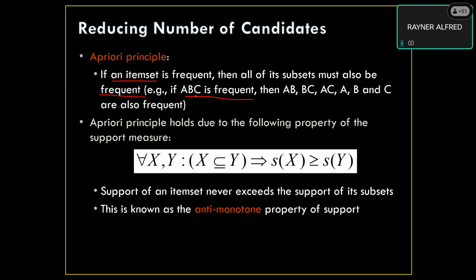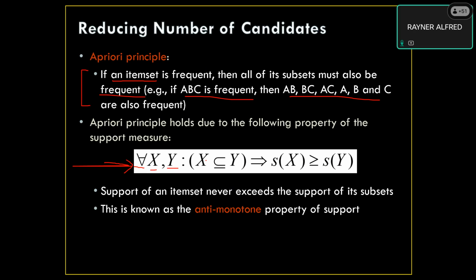Then A, B, BC, AC, ABC are all frequent because all of these are subsets of ABC. Based on this assumption, for all X and Y such that X is a subset of Y, the support of X is always greater than or equal to the support of Y.